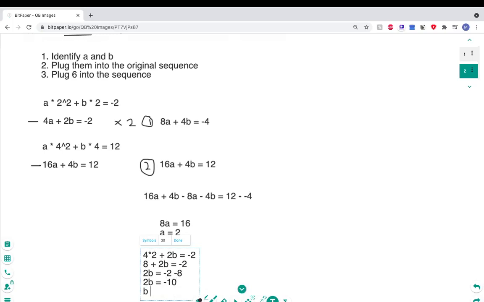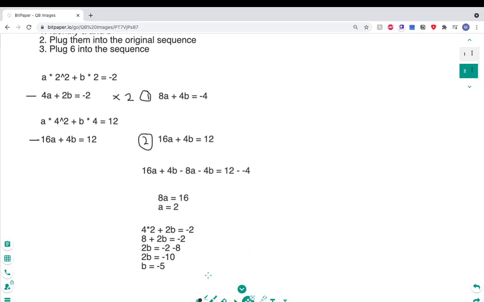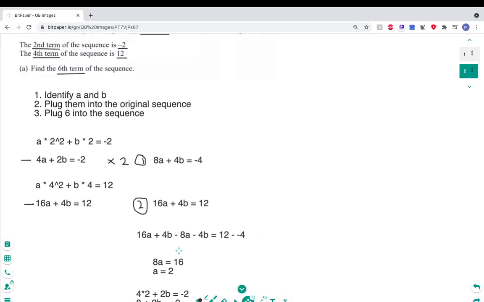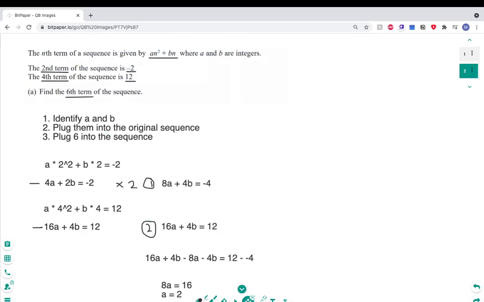And if I divide by 2 on both sides, that's going to give me b as being equal to minus 5. Okay, so I've worked out what a is and I've worked out what b is. So I can now say that I've tackled the first step of that, and that's actually the most difficult step.